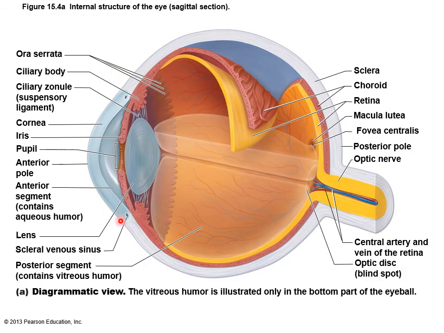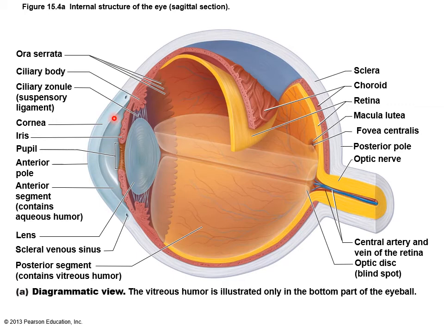This picture gives you a lot of information. It shows you the sclera, the choroid, the retina, the anterior chamber. This is the cornea here. This is the anterior chamber in here. This is the posterior segment that's filled with vitreous humor. That's a jelly-like fluid.